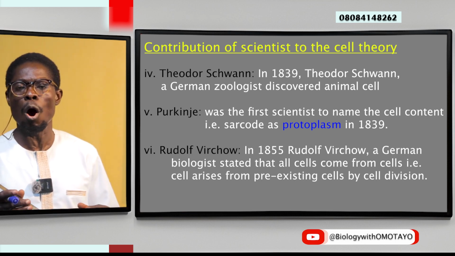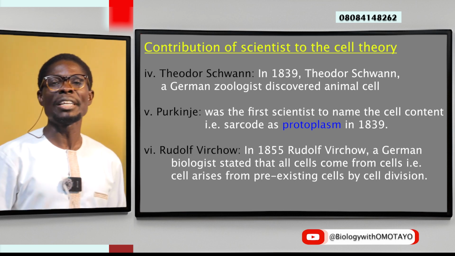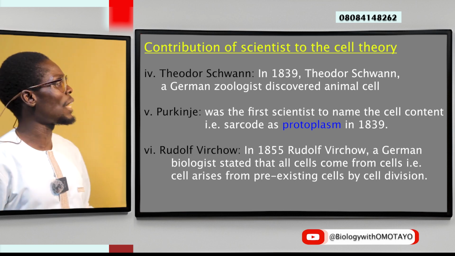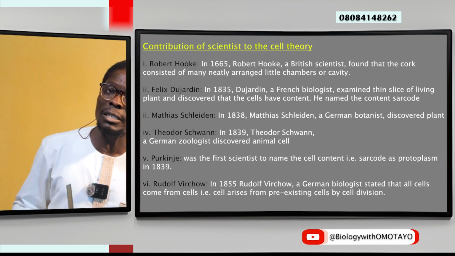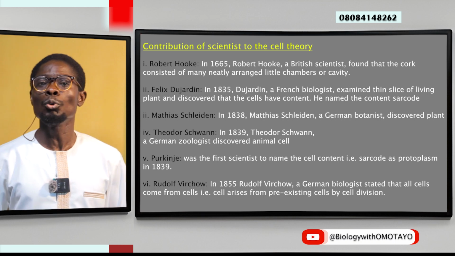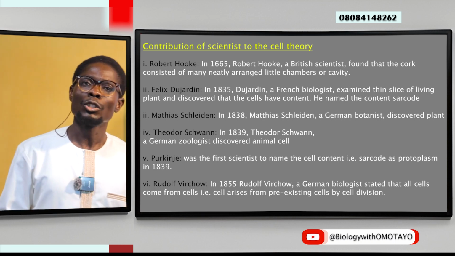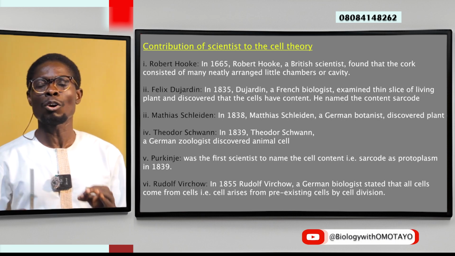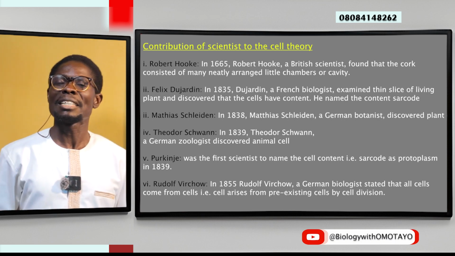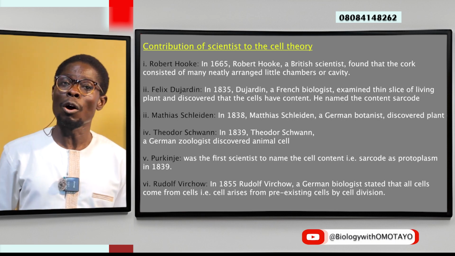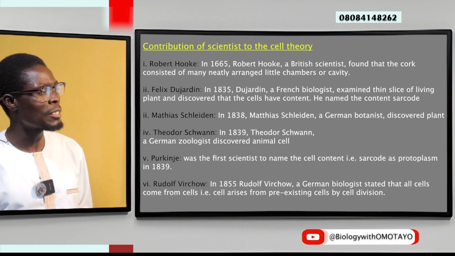So within the stay of our scheme, you will discover that altogether we've examined about 6 scientists that contributed in one way or the other to the concept of the cell, to the postulation of the cell theory, and the confirmation of basics that are associated with the cell theory. Quick list of the 6 scientists examined so far.